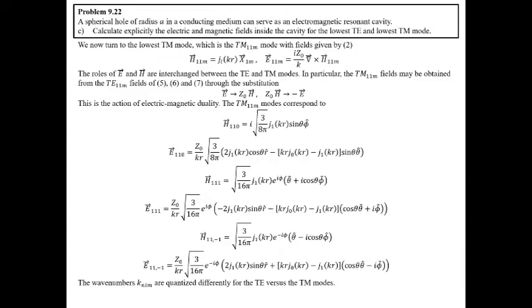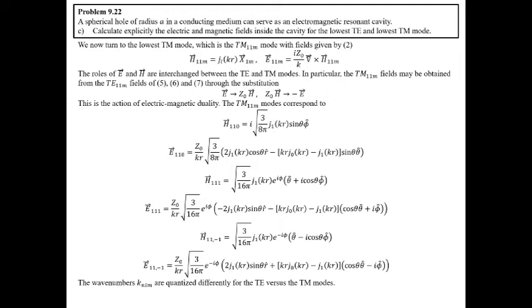We now turn to the lowest TM mode, which is the TM_11m mode with fields given by equation 2. H_11m equals j_l of kr times X_1m, and E_11m equals i Z0 over k times curl H_11m. The roles of E and H are interchanged between the TE and the TM modes.